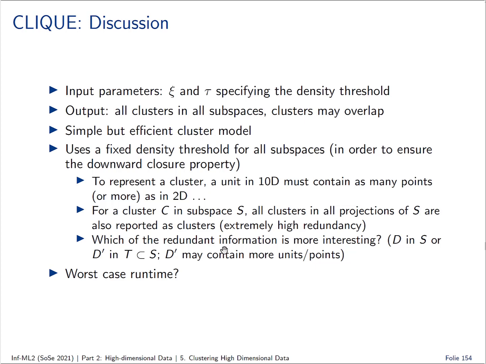And most of them are extremely redundant, because they are just low dimensional projections of the higher dimensional ones. So these are the two basic problems of these methods: the fixed threshold, and this highly redundant, high number of results that we get. And both, or most or all, density-based subspace clustering methods suffer from these two problems.